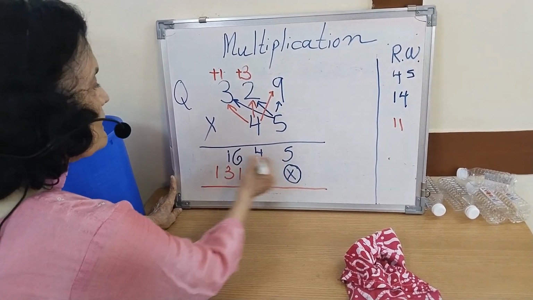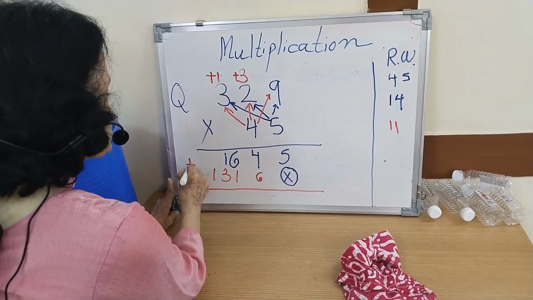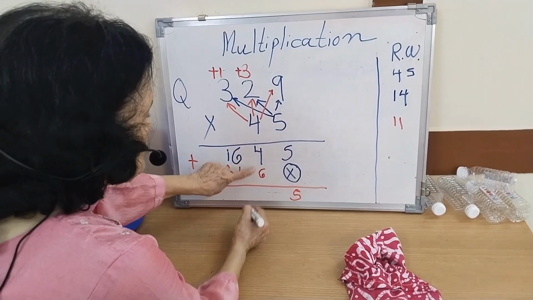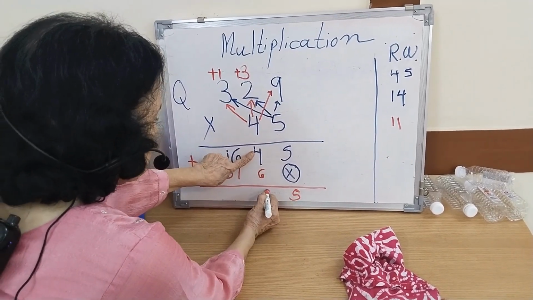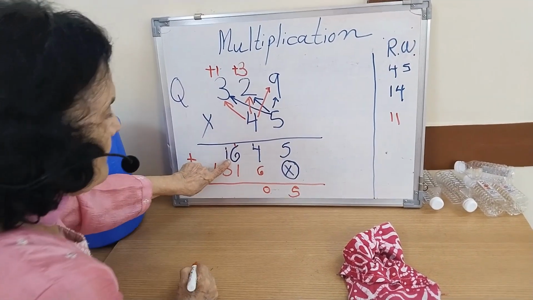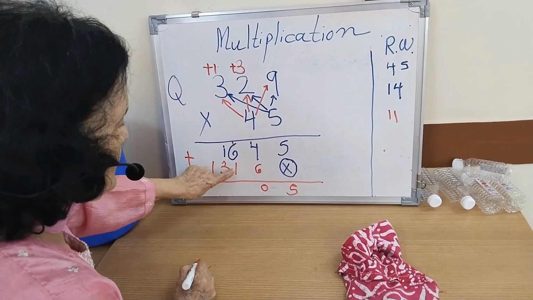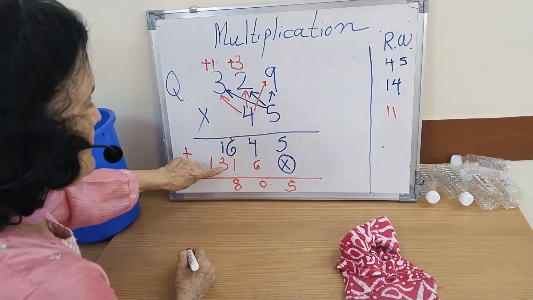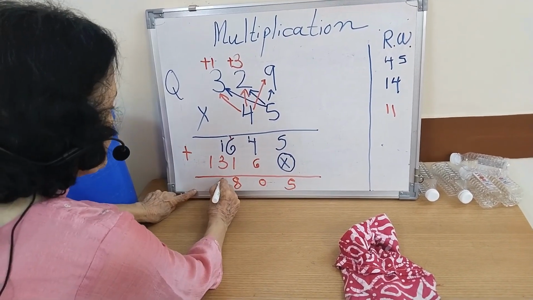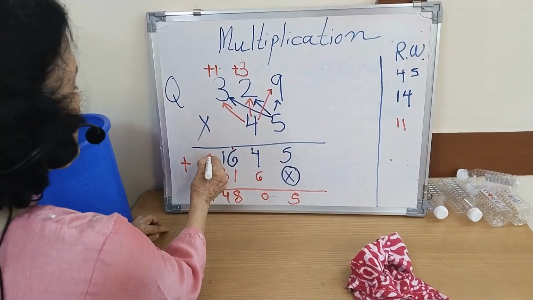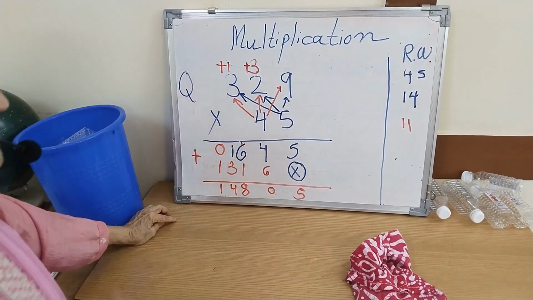Now these two numbers have to be added, and hence 5 here, 6 plus 4 are 10, 0 goes here, 1 comes up here. So 6 plus 1, 7 plus 1, 8, and 3 plus 1 is 4, and 1 is taken as it is because there is nothing here.